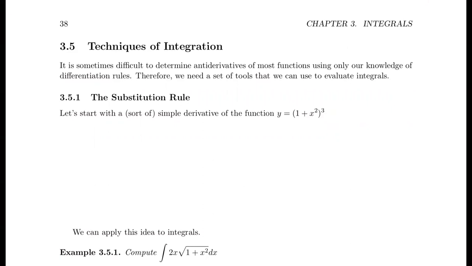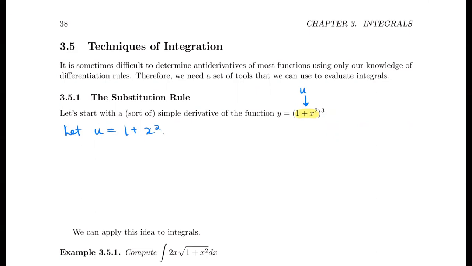So if we want to rewrite this, let's say we're going to let the inner part be the function u. So this is the one that we're going to be doing a substitution with. So let u be 1 plus x squared.